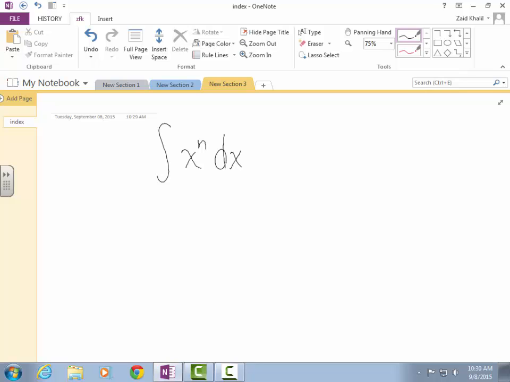Why? Because what does this correspond to? That's your function, your f of x. And what does the dx correspond to? Your delta x, each one of those increments that you're finding f of x at.